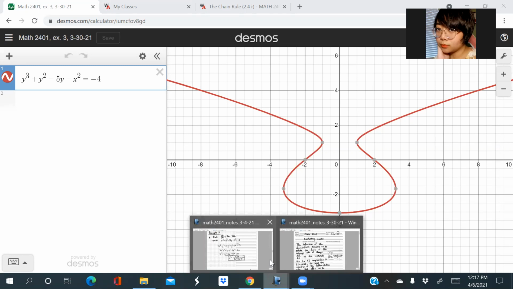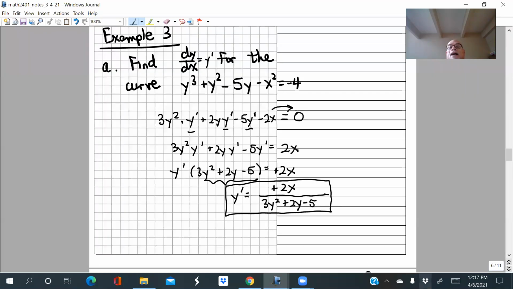We actually went through the implicit differentiation process for this equation last time, and this is where we finished. We actually managed to find an expression for y prime, the derivative of y with respect to x, using this implicit differentiation process.